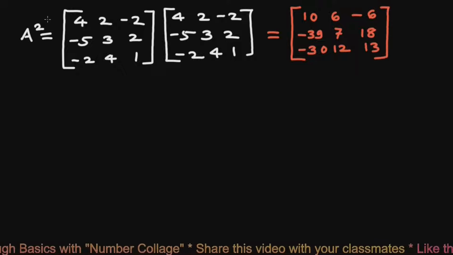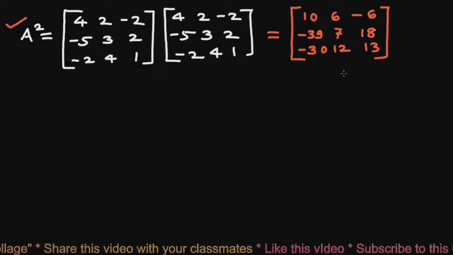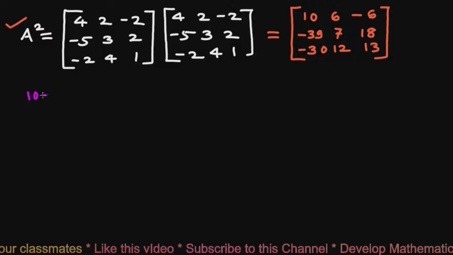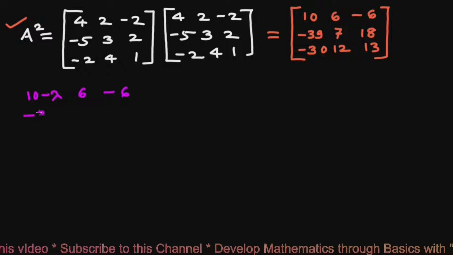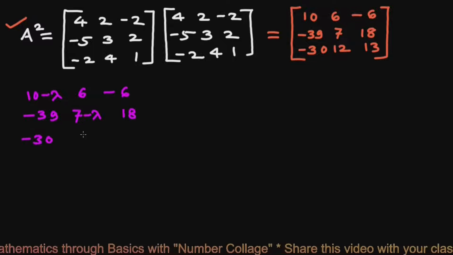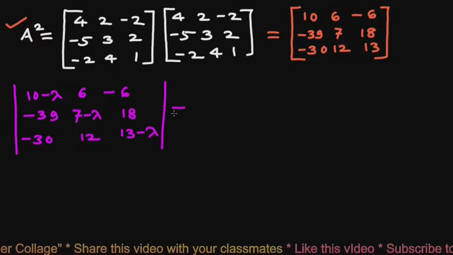We have to find eigenvalues of matrix A square. So first we will write its characteristic equation, that will be determinant of [10 minus lambda, 6, -6; -39, 7 minus lambda, 18; -30, 12, 13 minus lambda] equals 0.